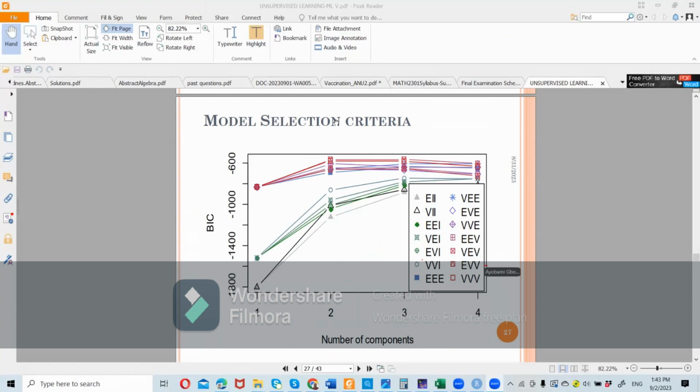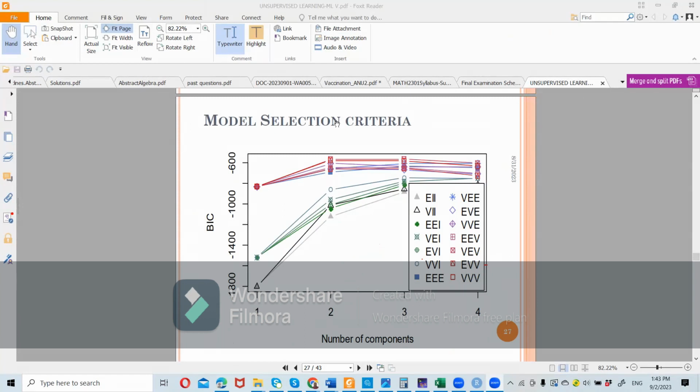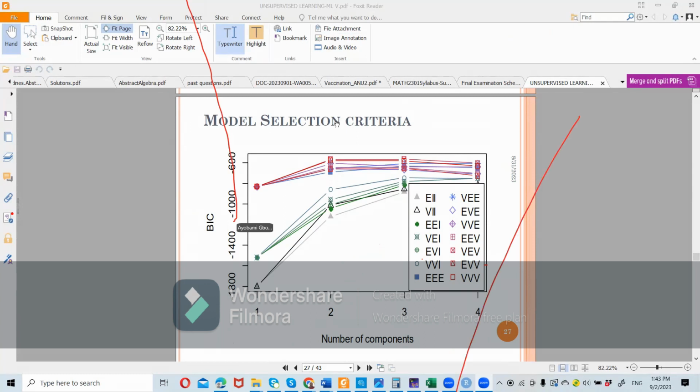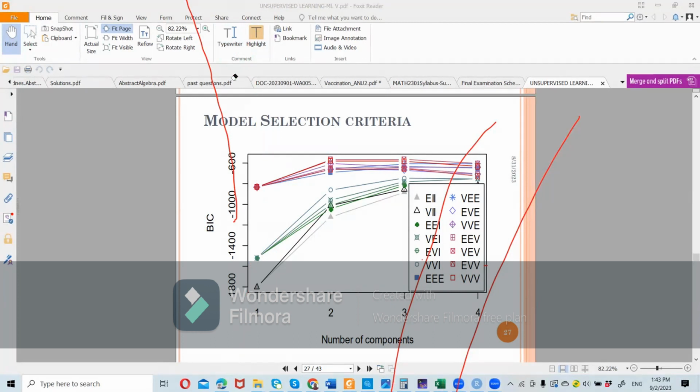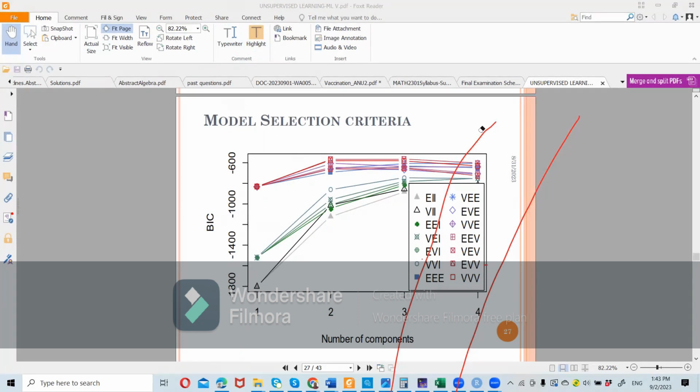So now before this, we have the script, and this is what we have after hitting that. Now we can see our BIC. You can see that there are a number of models there, like 14 models altogether.